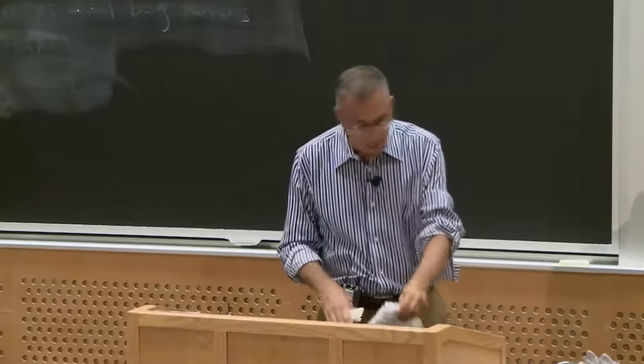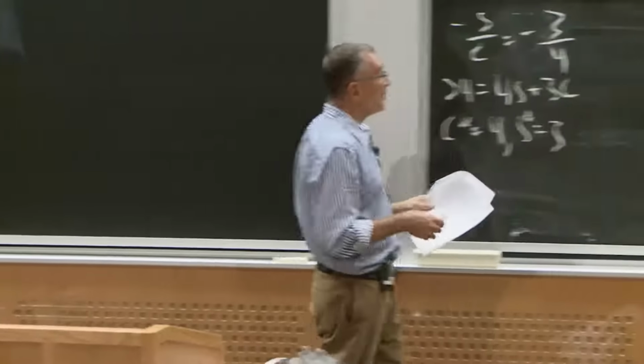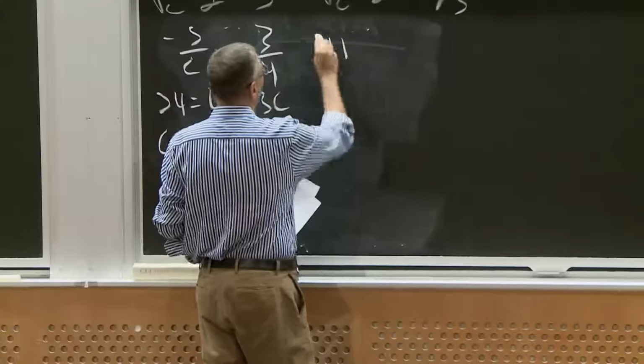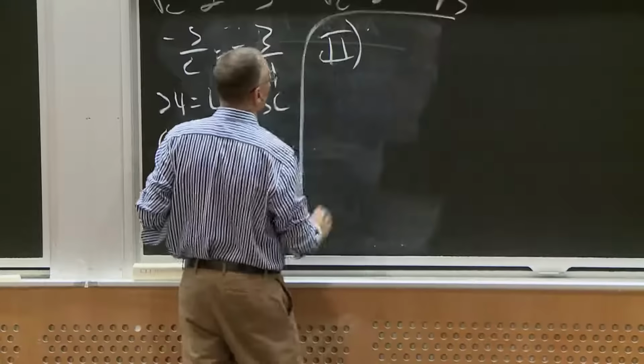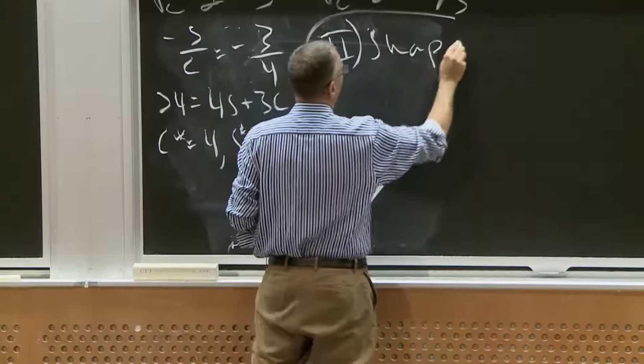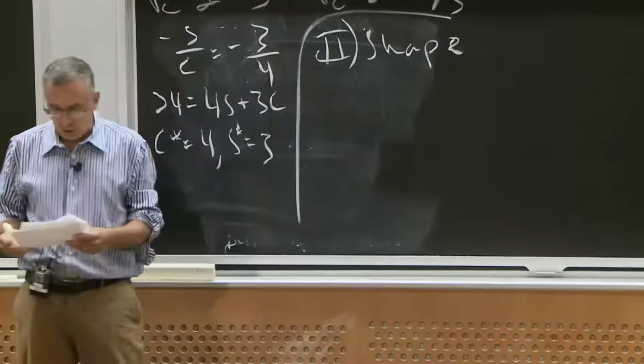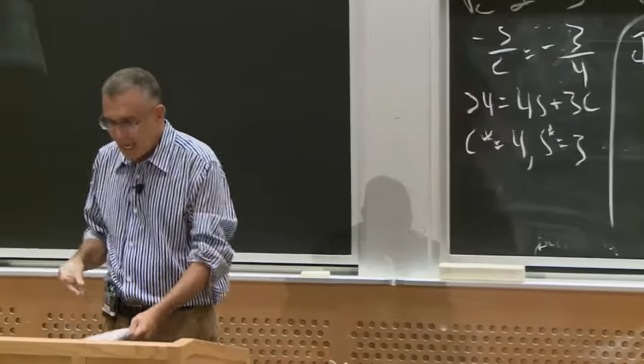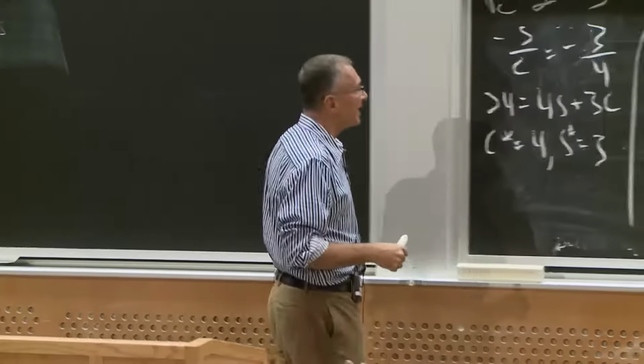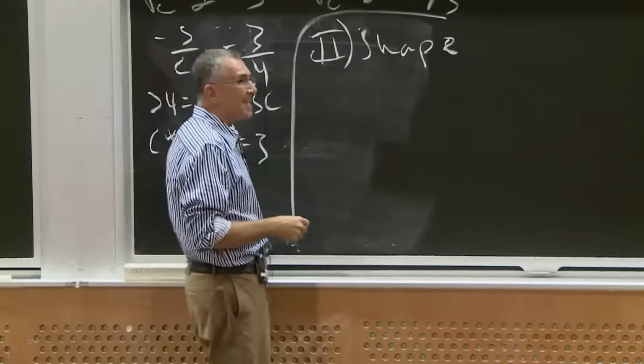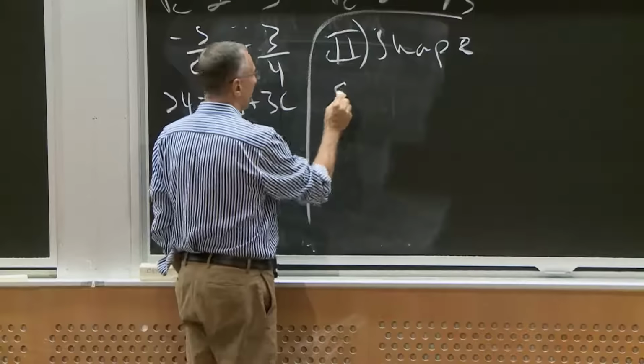Okay? Now that we know what demand curves are, I want to talk about what they look like. Let's talk about the shape of demand curves. What drives what they look like? What drives what demand curves look like is going to be what we call the elasticity of demand.